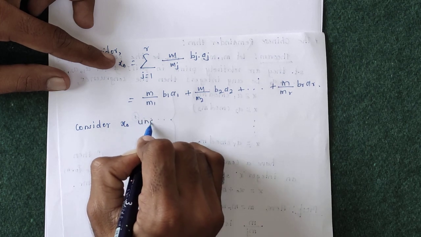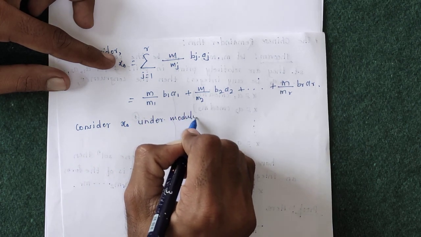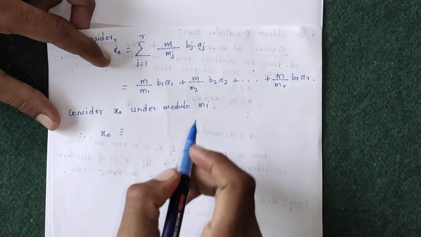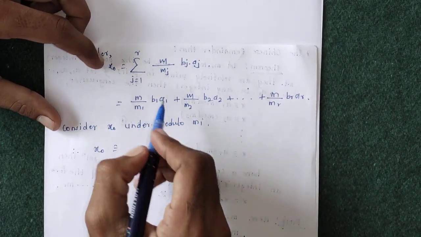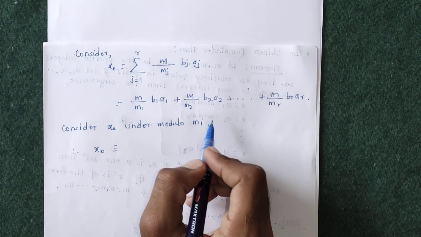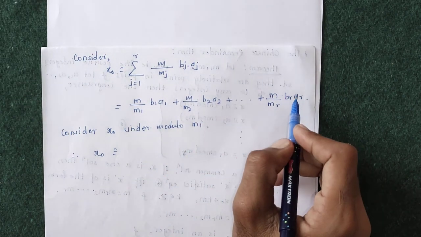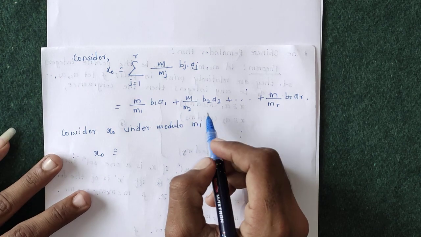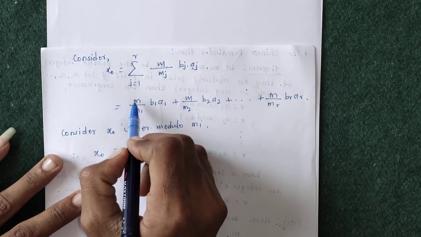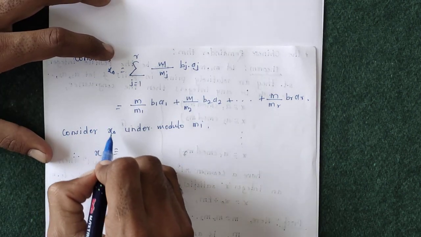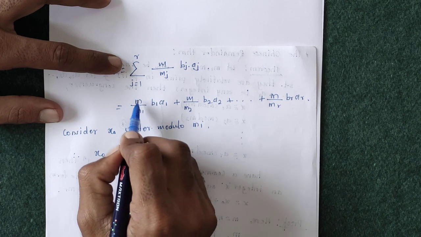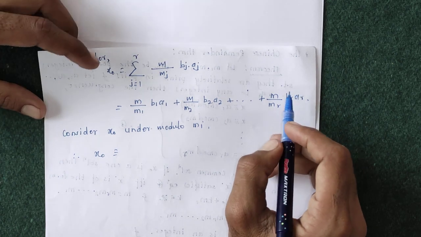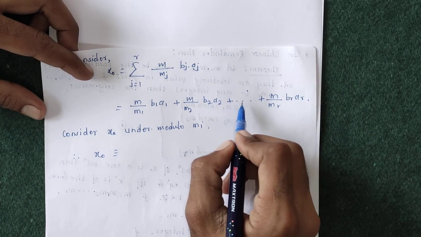Now if we consider this number x naught under modulo mi, where i runs from 1 up to r, and i is not equal to j, then m by m1 is a multiple of mi, m by m2 is again a multiple of mi, and m by mr is again a multiple of mi, except for m by mi.